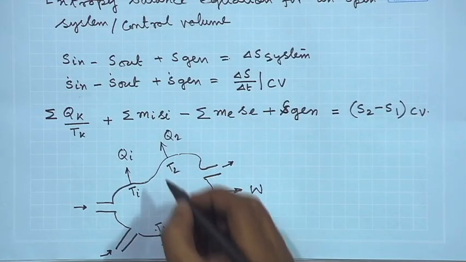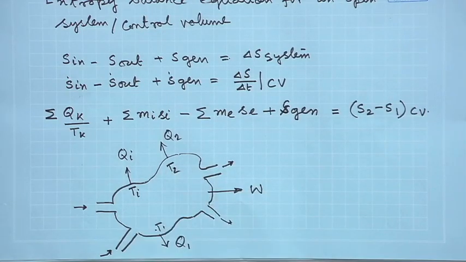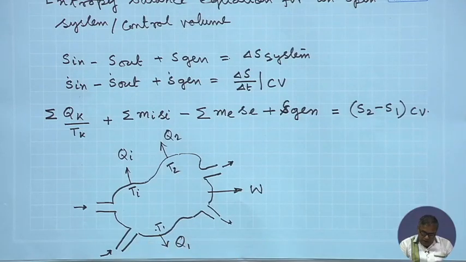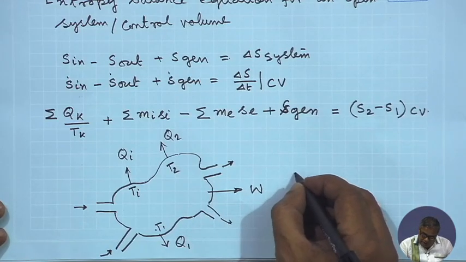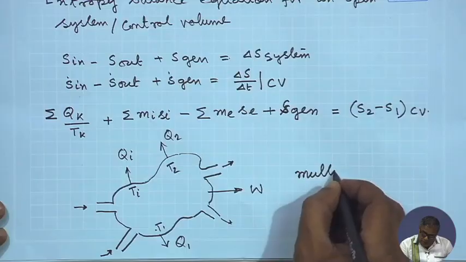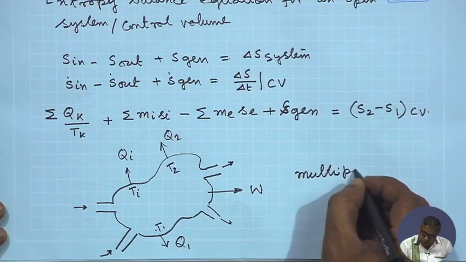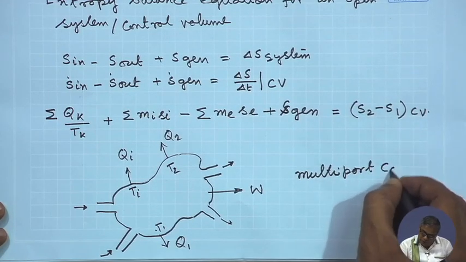So, I have schematically drawn a control volume, which notionally has 2 inlets and 2 outlets, to indicate that there could be multiple inlets and multiple outlets. So, this is some sort of multi-port control volume.